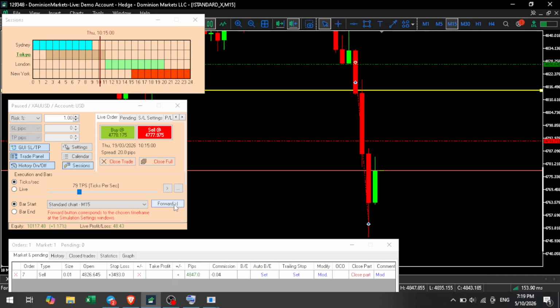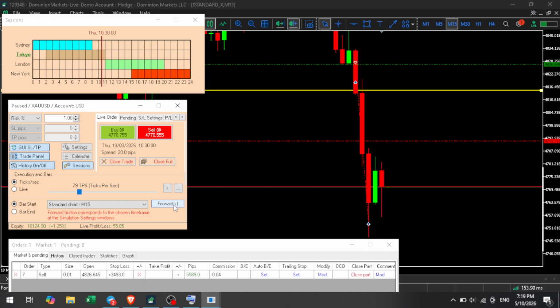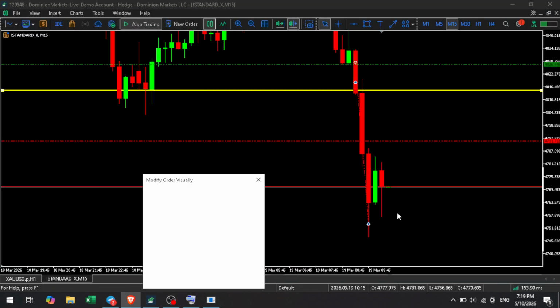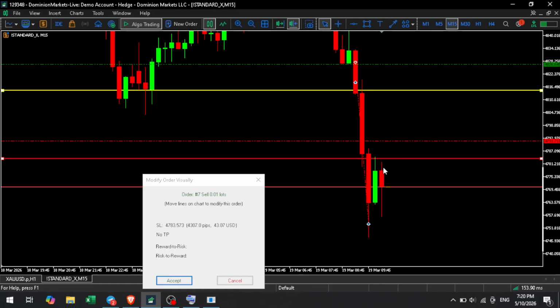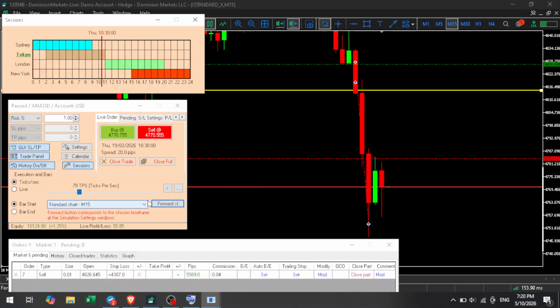No, not really. The previous candle's highs need to be broken for this downtrend to be invalid, and that didn't happen. We should move our stop loss down till here and see.